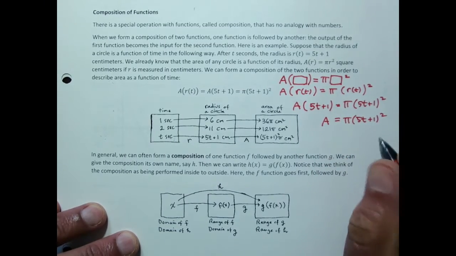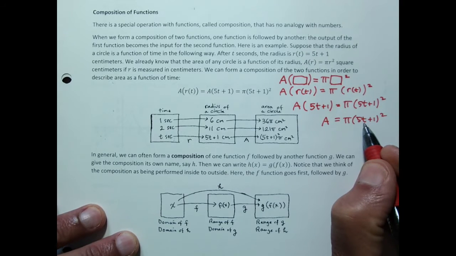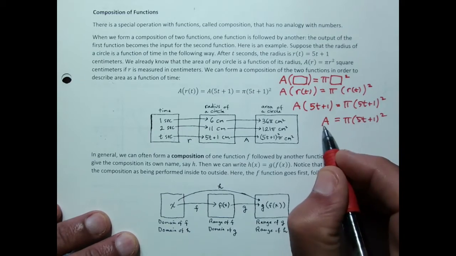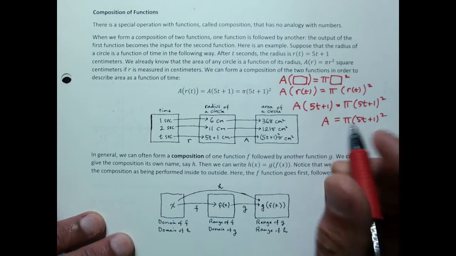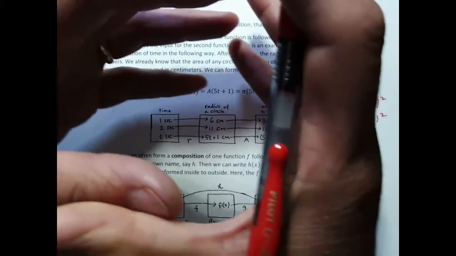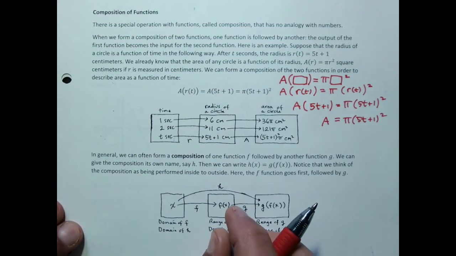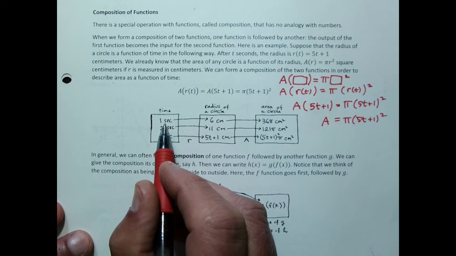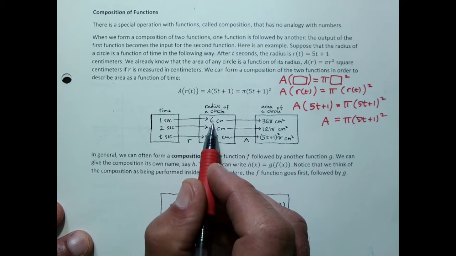In this composition, if we plug in a value for time and evaluate the right-hand side, we get the area of the circle as a function of time. If the radius is increasing with time, the area is also increasing. Here are some examples with numbers, right? At time 1 second, the radius is 6 centimeters.